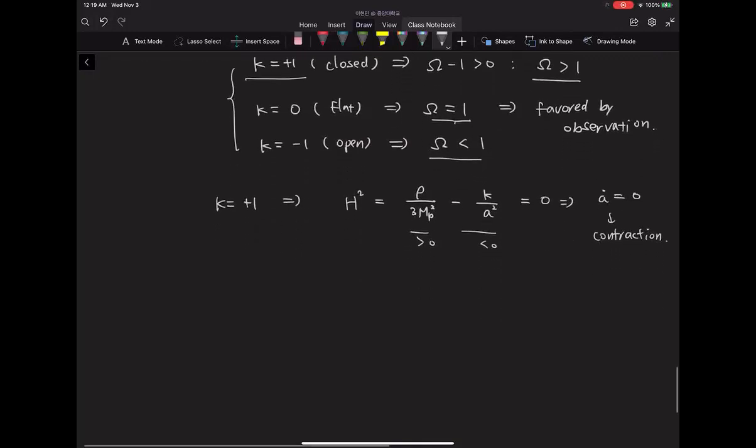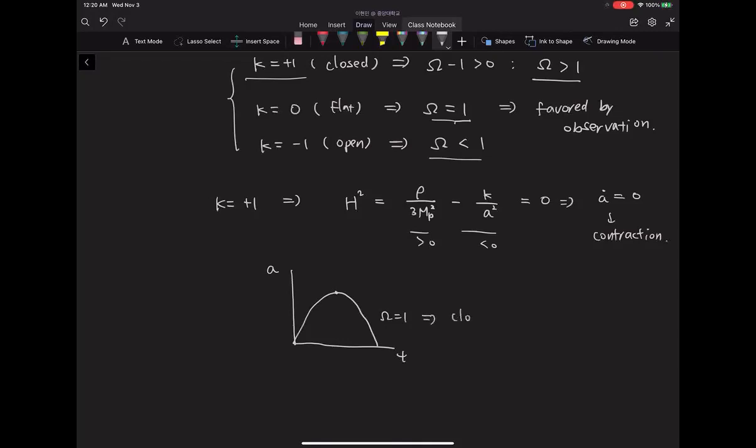One can draw the scale factor as a function of time. In the case of the closed universe, the scale factor increases, reaches a maximum at some point, and then decreases.